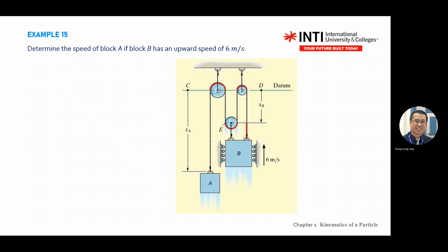Total length equal A, 3SB. Any more? That's it, huh? Correct or not?